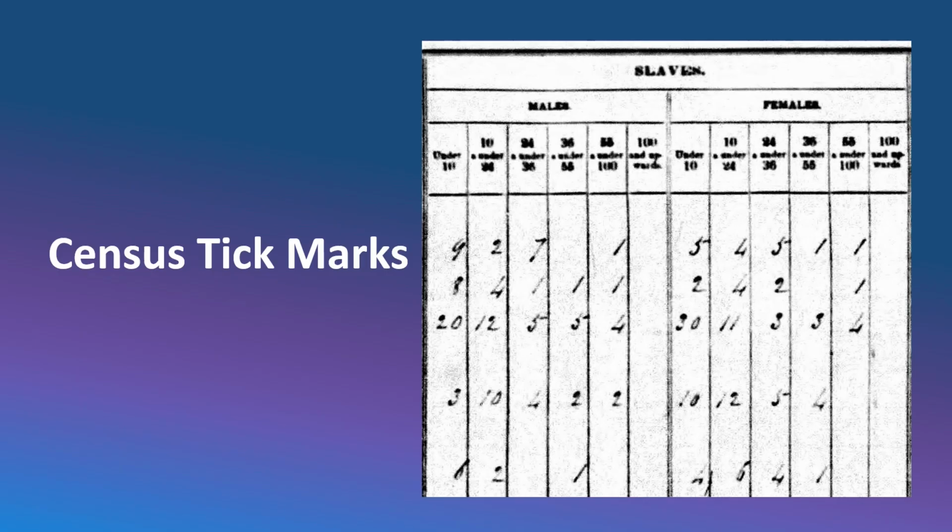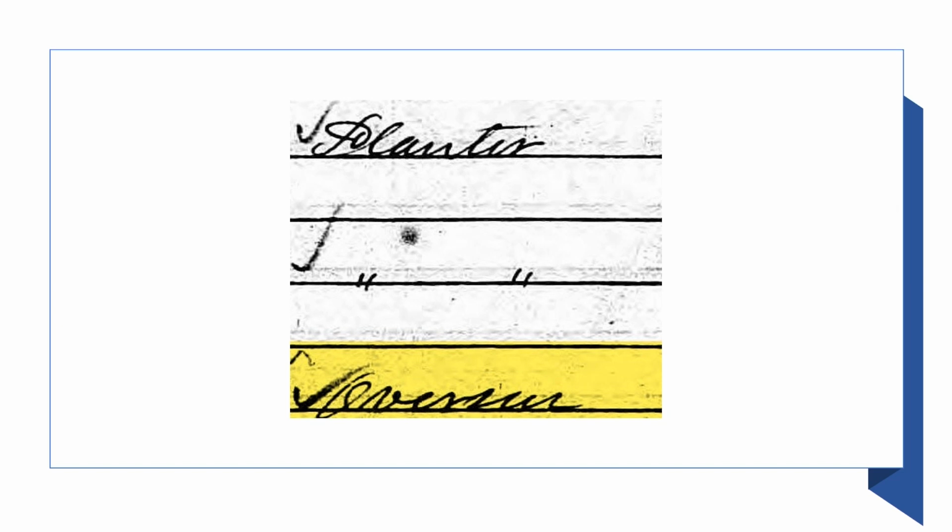Or maybe it was a census tick mark. As we go across that census and we see the list of the slaves that were counted as our ancestor's property in their household. Or it could be discovering the occupation of an ancestor was overseer.